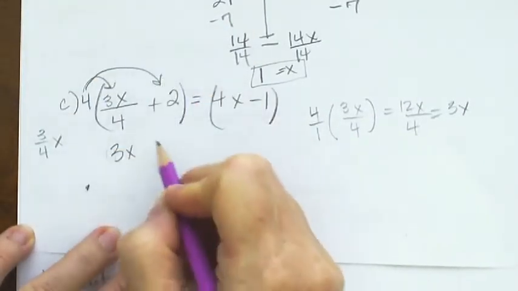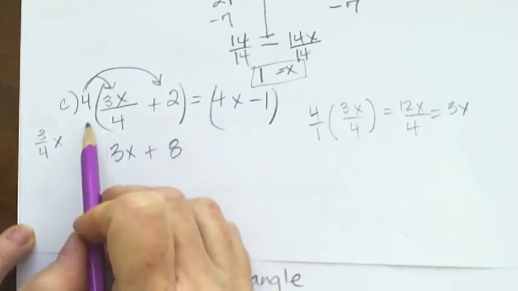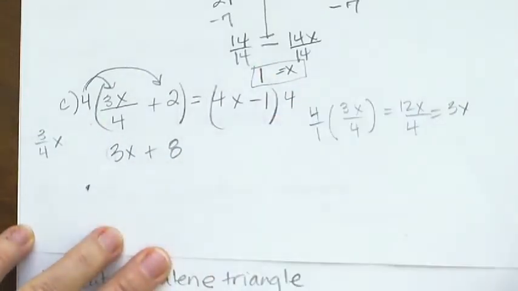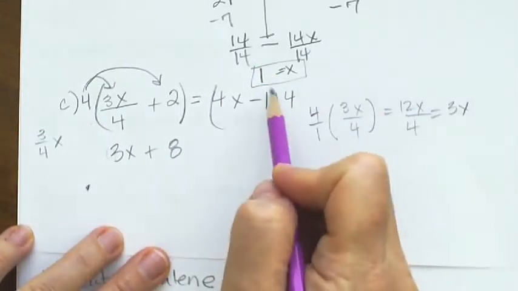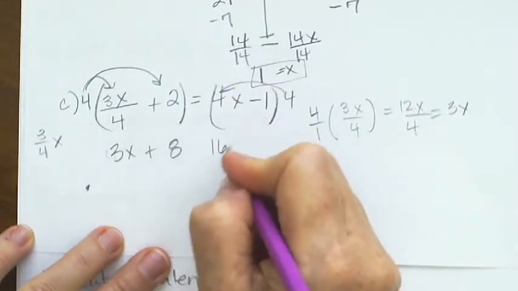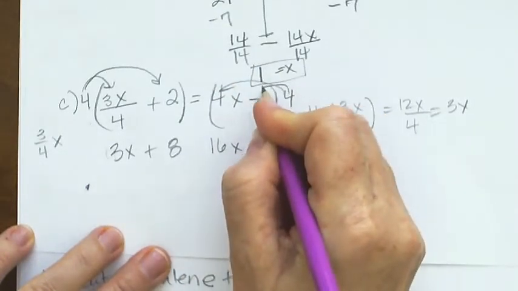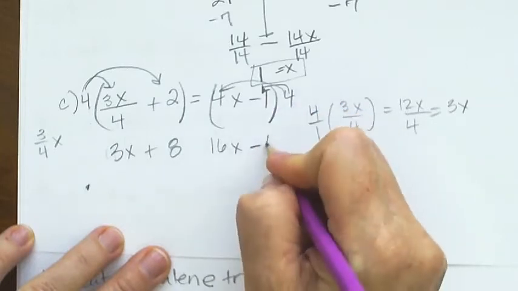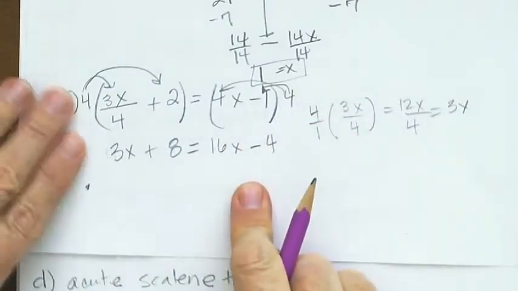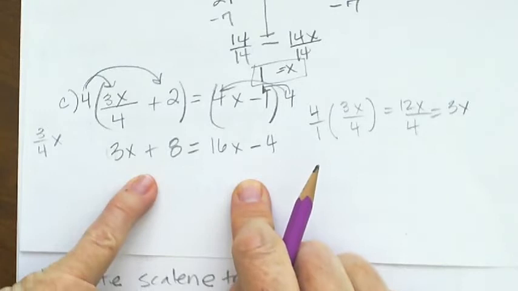And then 4 times 2 is 8. If I multiply by 4 on the left, I have to multiply by 4 on the right. So that's going to give me 16x minus, I'm distributing this 4, minus 4. So that is what we would get if we multiply both sides by 4.